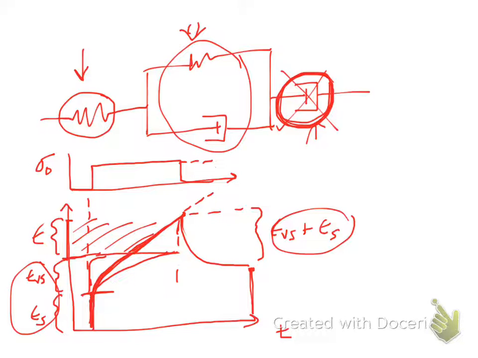So those are all within the instantaneous to maybe just a little bit of the delayed elasticity kind of system. What about our longer time scales?